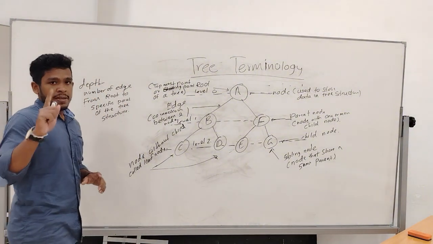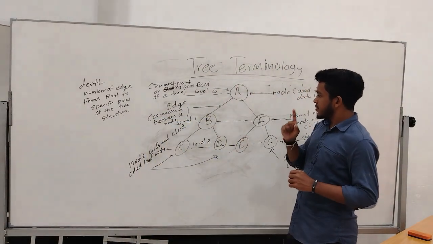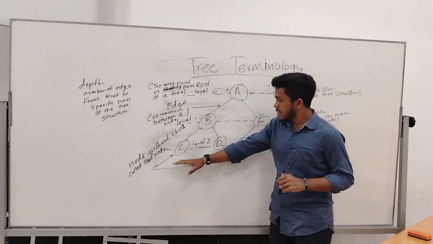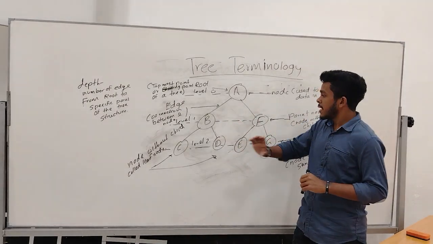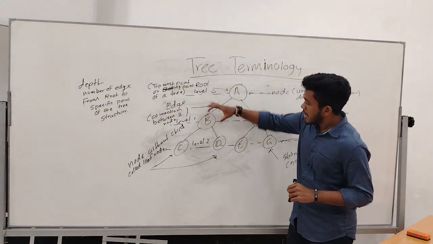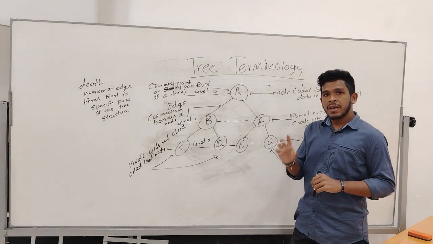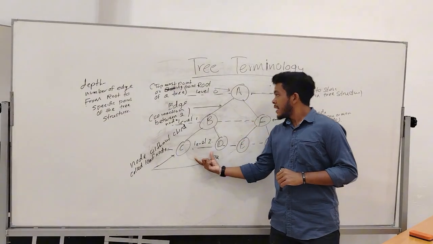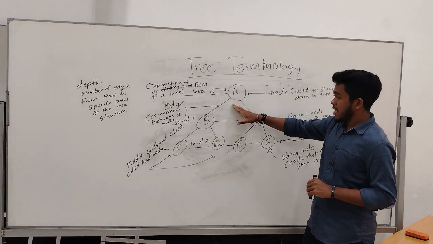And an important thing is the degree of a node. Degree means the number of child nodes a particular node has. If we pick a node B, it has 2 child nodes, so its degree is 2. What is the degree of A?